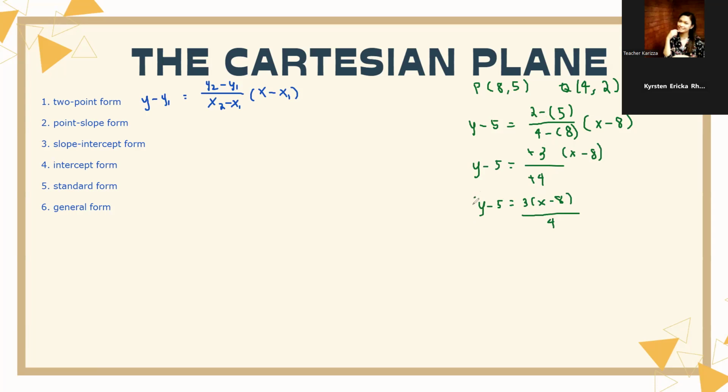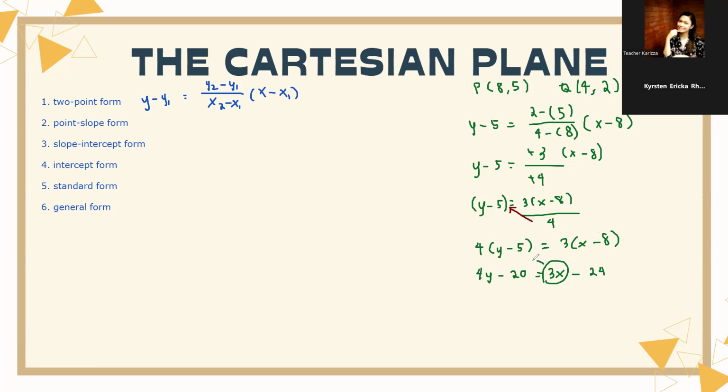And then we'll just group this together. And then we'll be going to transpose 4 over here. So we have 4 times y minus 5 is equal to 3 times x minus 8. Nasusundan? Opo. So we have 4y minus 20 is equal to 3x minus 24. So transpose everything again.